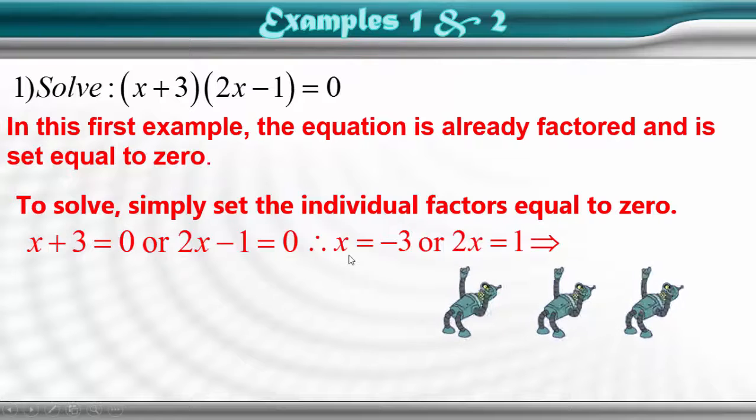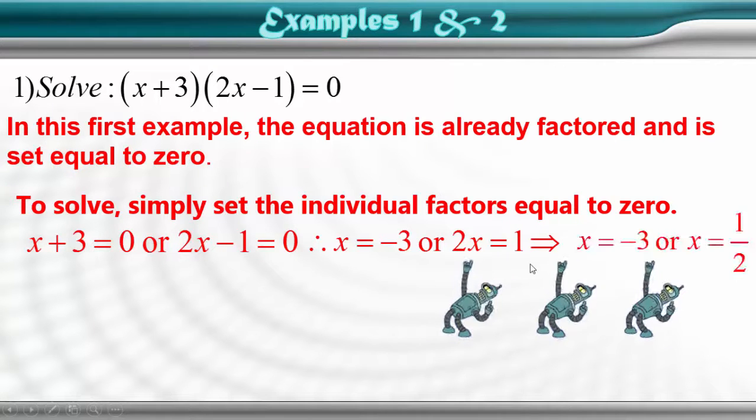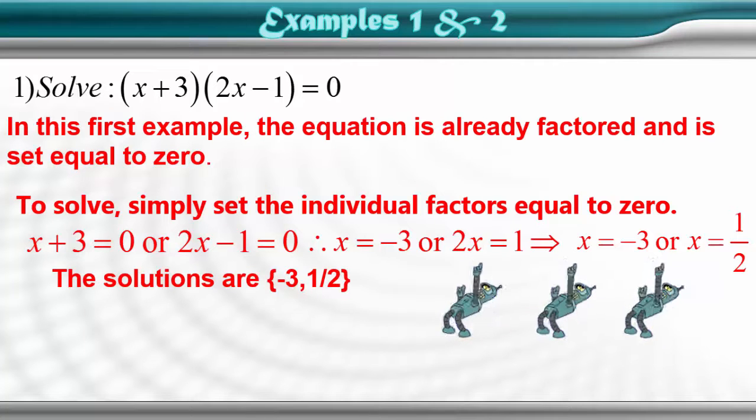And we solve, and we find the first one, x is equal to negative 3, and the second one, x is equal to 1/2. The solutions are negative 3 and 1/2. And notice how I put the curly brackets to represent that it is a set.